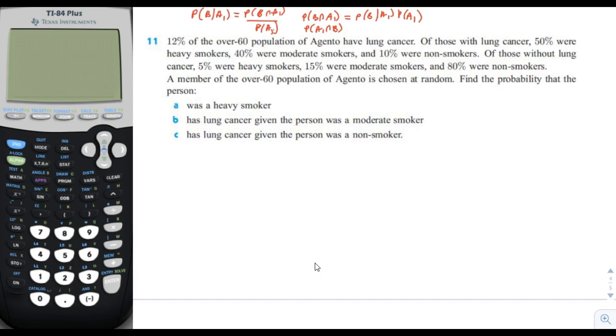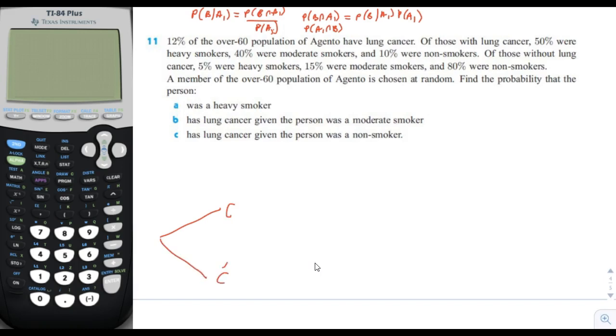Okay, so basically we need to make a tree of the over 60 population. And let's see, 12% have lung cancer and the rest don't.